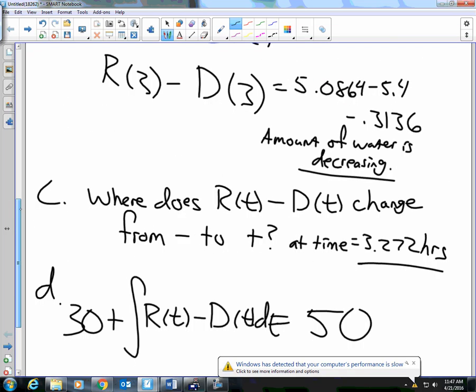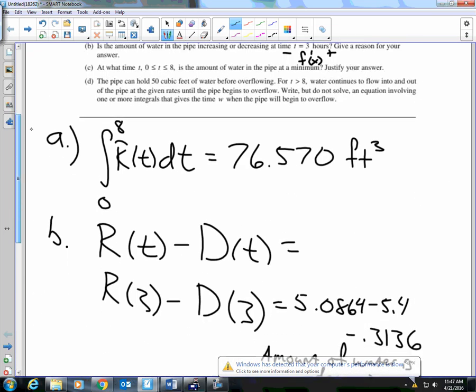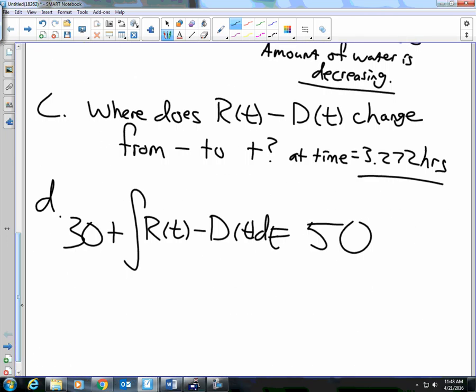So your key word here is this, really. It can hold a total amount. So we are wondering when it's gathered that much. Gathered is the integral. At what time does it start gathering water? 0, and we are wondering at what time it actually reaches 50. So here's the important stuff I need you to see.